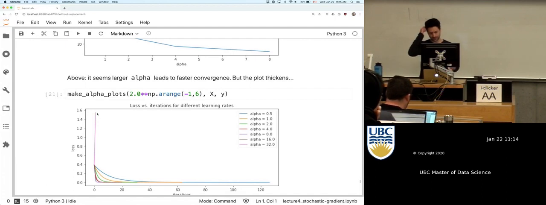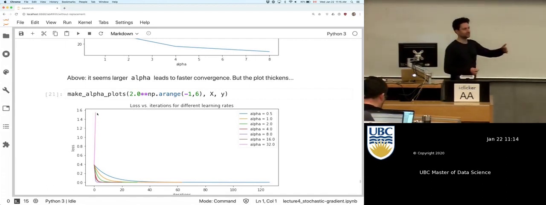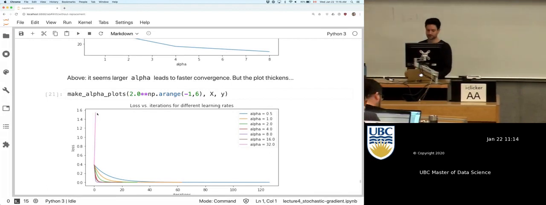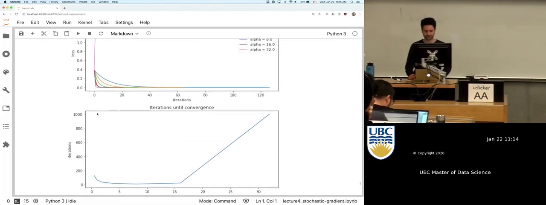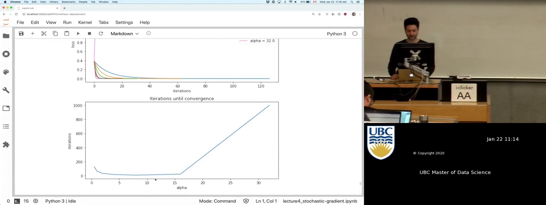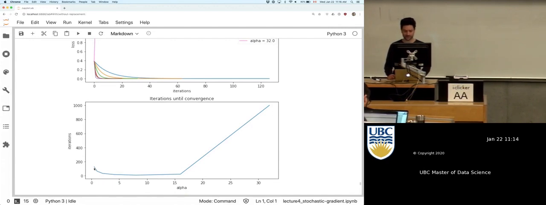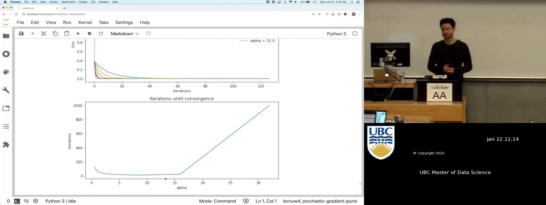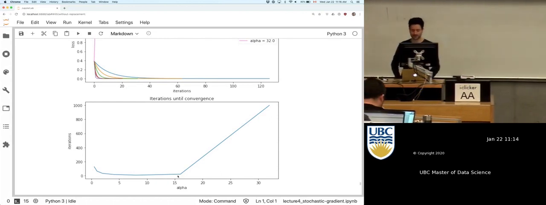So that's why we have to be careful with these things. We want to get away with bigger steps, but if we make them too big, the whole thing is just going to blow up. And here is the bigger version of the plot we saw before. As I make alpha bigger, it takes fewer and fewer iterations to reach convergence, except that suddenly the whole thing blows up and I never get to convergence.